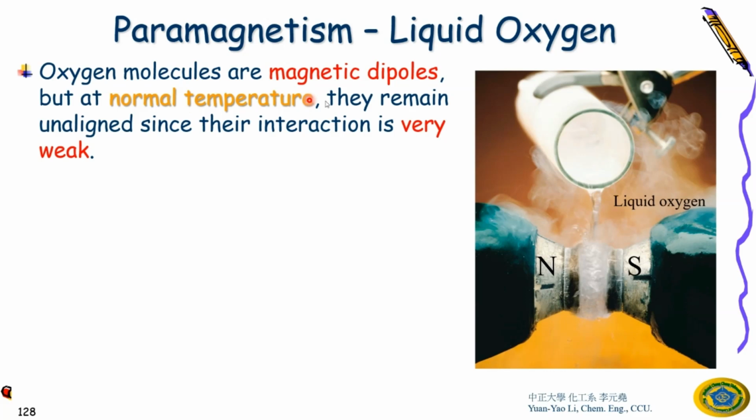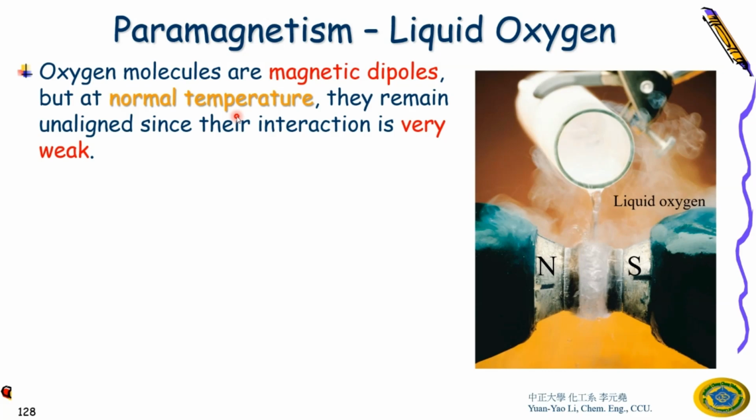At room temperature the energy is high, and it disturbs the magnetism very much, so you cannot observe it, especially since paramagnetism is very weak.